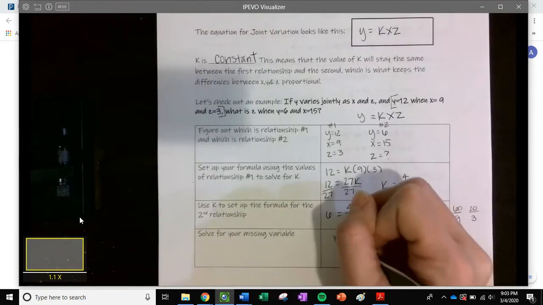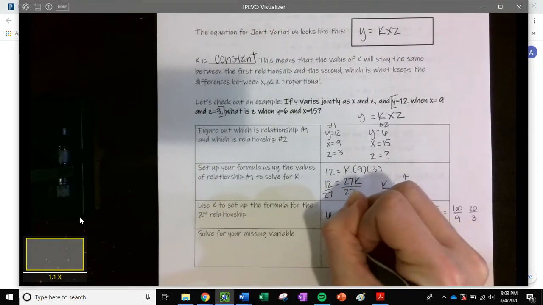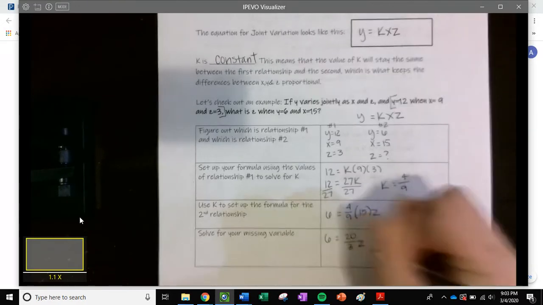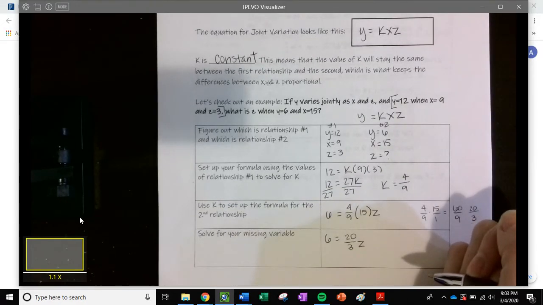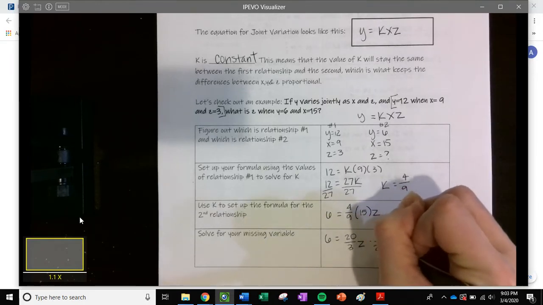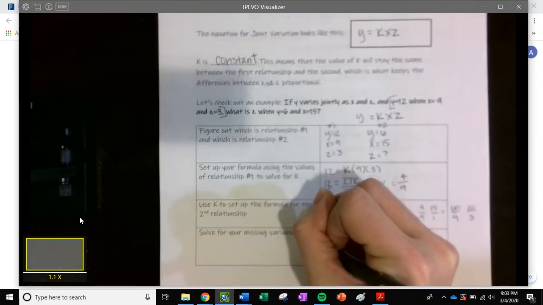So we've got 6 equals 20 over 3 times z. So we're going to multiply that. To unstick it, we have to multiply this side as well.